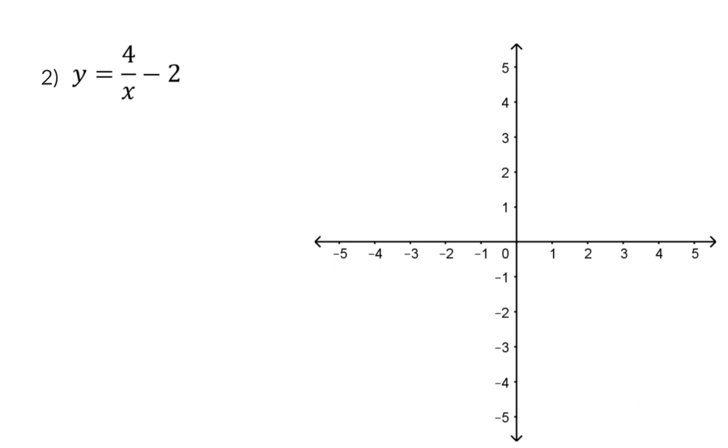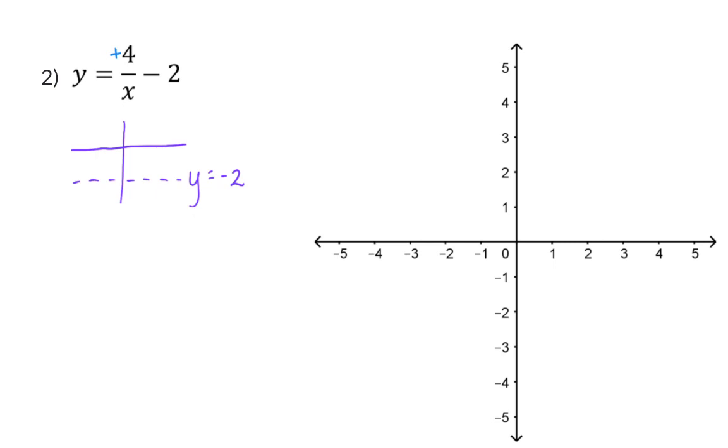In example 2, we now have an a and a q value. I prefer to always get a rough idea of what the graph will look like. And in this case, I'm going to start off with the q value. This q value indicates that there will be a horizontal asymptote at y is equal to -2. Next up, the a value, which is +4, indicates that the parts of the hyperbola will lie in the first and third quadrant.